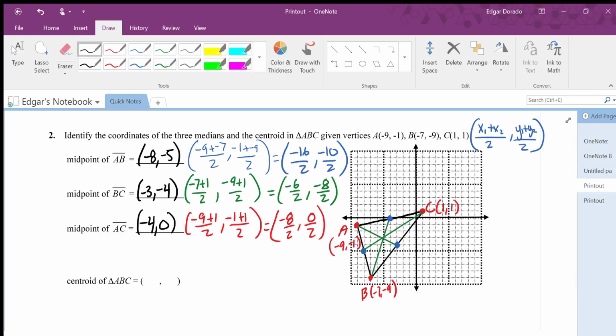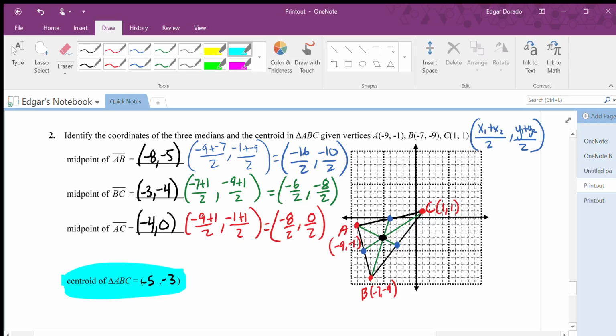All right. Looks like we have a centroid right there. Our coordinates here are going to be -5 comma -3. So if you got -5 comma -3, you guys are right on it. Perfect. This is what you should have gotten for your centroid of ABC.